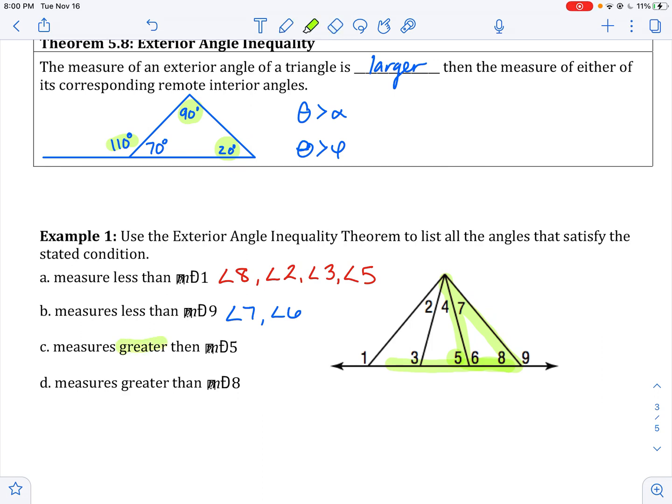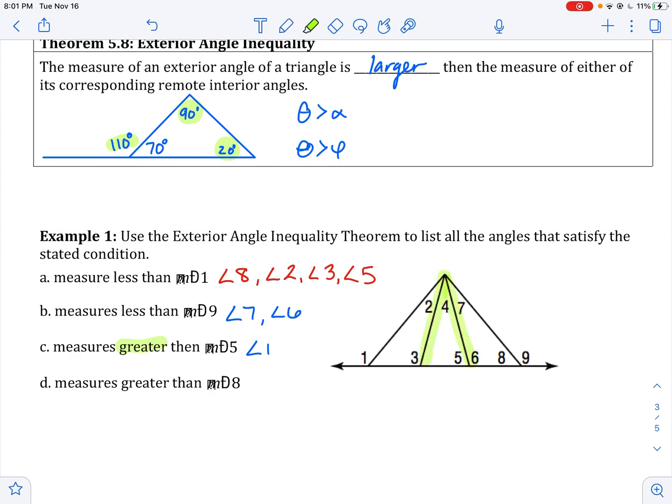Okay, but this asks me for measures greater than 5. Well, what is 5 a remote interior angle to? We know that it's a remote interior angle to angle 1, exterior. There, 5 is a remote interior angle. So angle 1 is one of them.